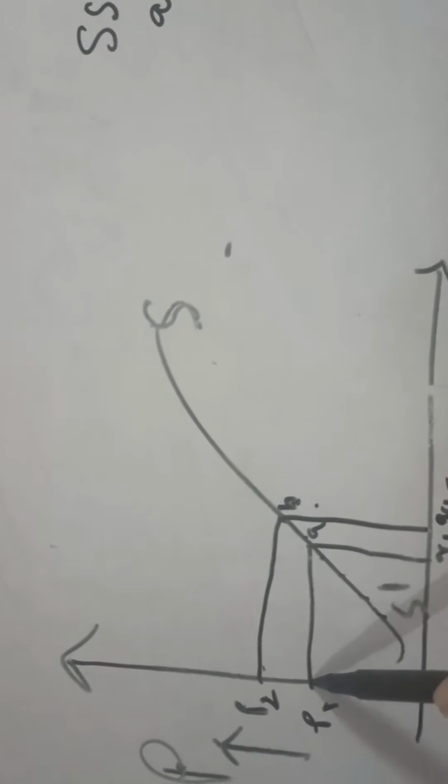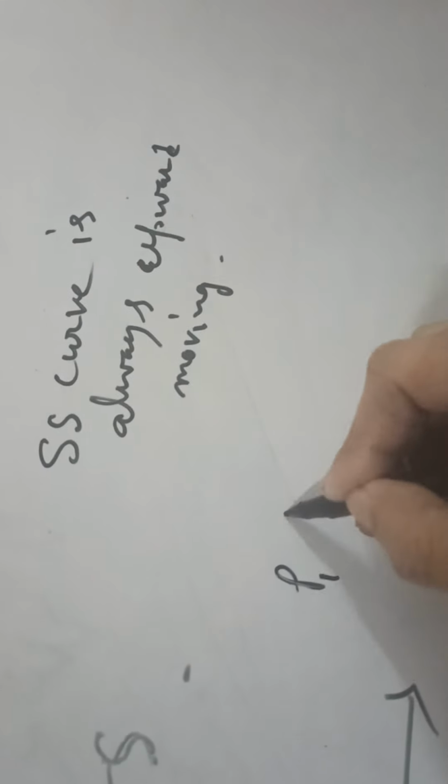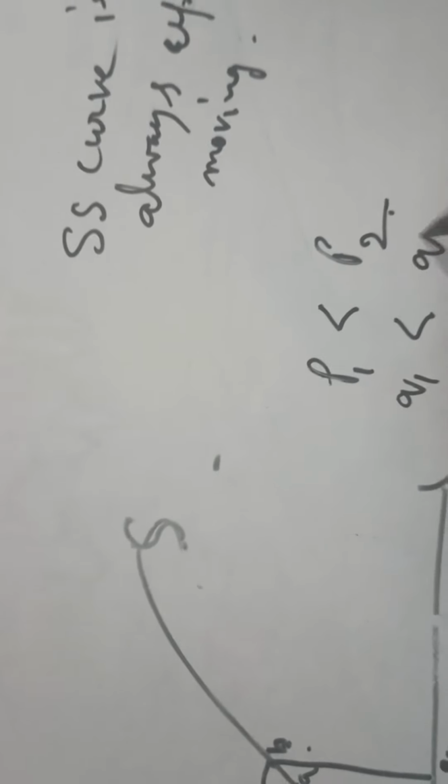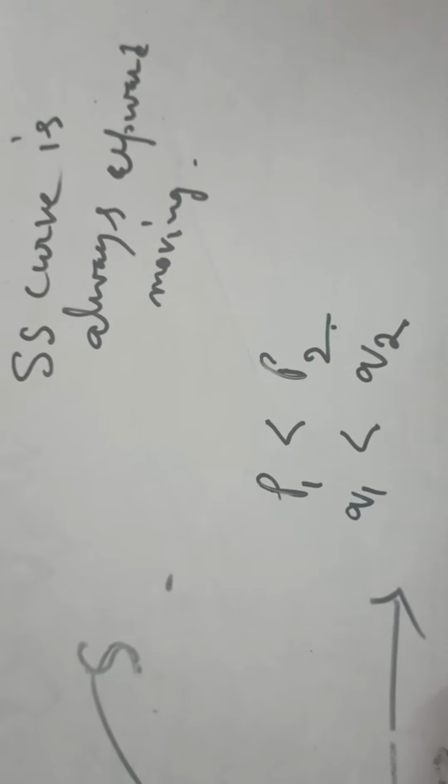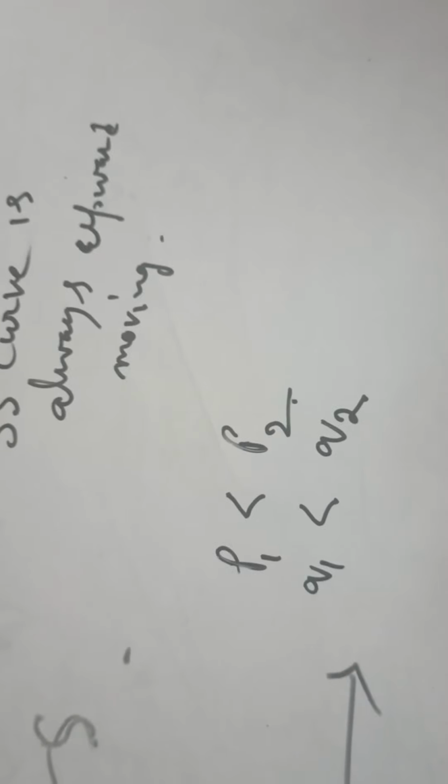See, at P1 price, P1 is less than P2. So at P1 price we are getting Q1, which is also less than Q2. Clear? Whenever we raise our price to P2, we get Q2, that is, quantity has risen.